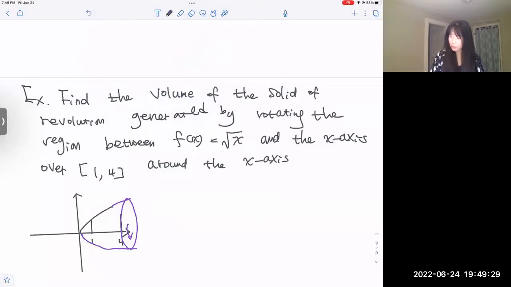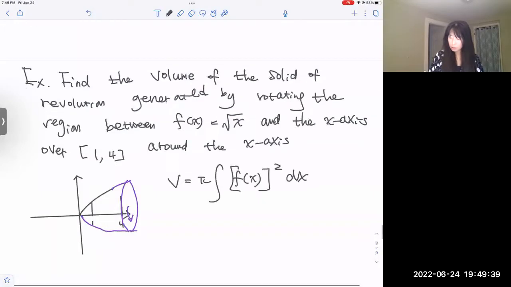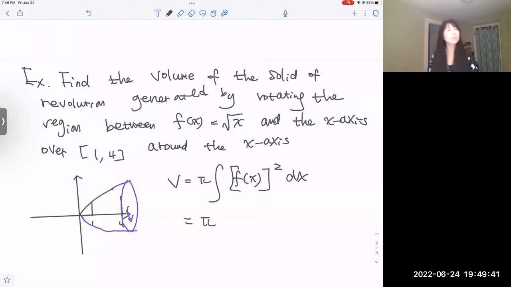Okay, so we're going to find the volume: pi and the function squared dx, then pi, we have square root of x from 1 to 4, squared, right?